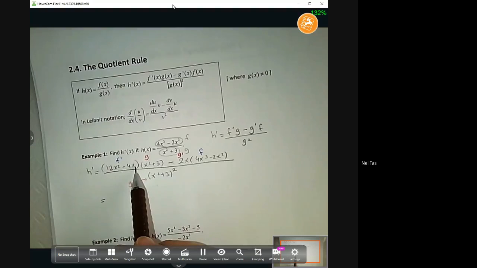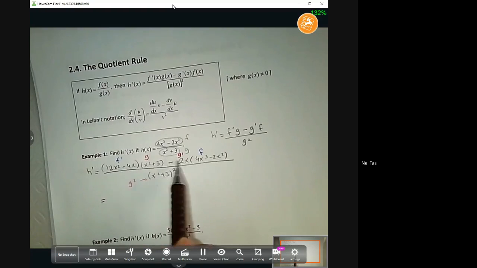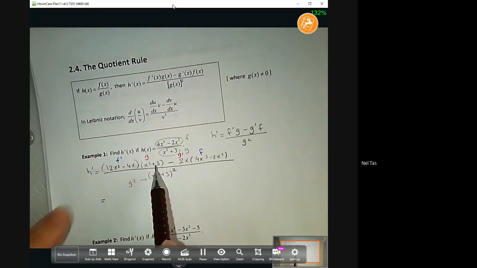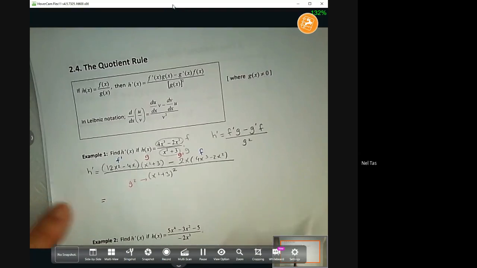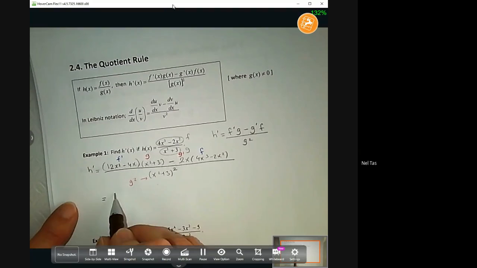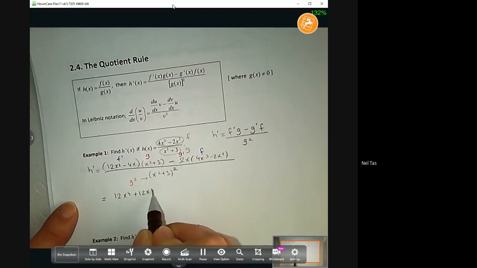Okay, so check if there is anything to be factored out. For now, if you factor x, then you will see that x is a common factor. But in this case, we don't see any brackets to be factored. So let's then expand those brackets and collect the like terms. So we have 12x to the power of 4 plus 12x squared minus 4x squared, no, x cubed.